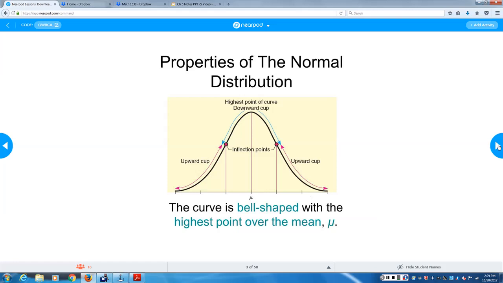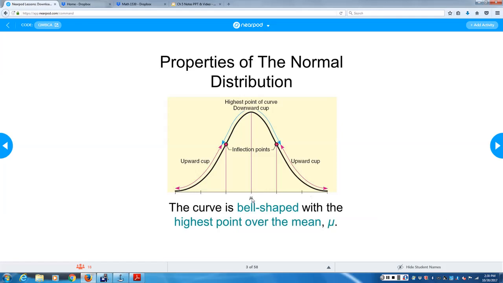Okay? Now these are the characteristics of any normal distribution. One of them is that the curve is bell-shaped. Bell-shaped means it's got a high peak in the middle and it kind of trails off on both sides and flattens out. Its highest point is over the mean, which is mu.